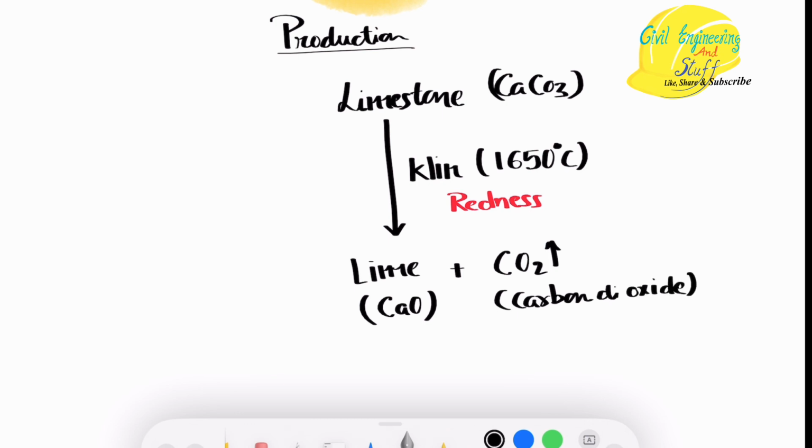So by burning the limestone at a high temperature of around 1650 degrees Celsius, we get the lime.